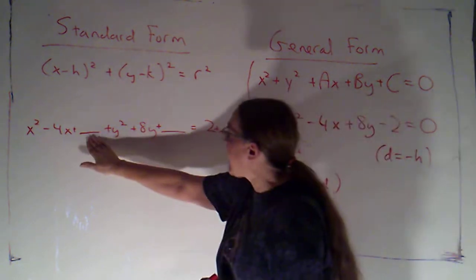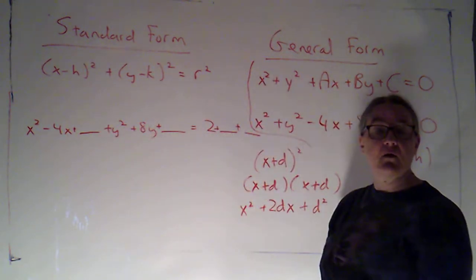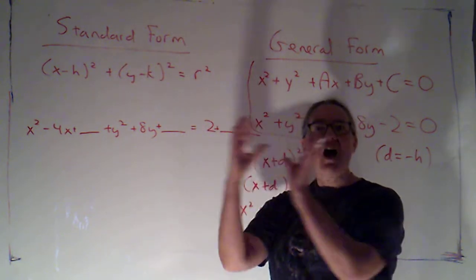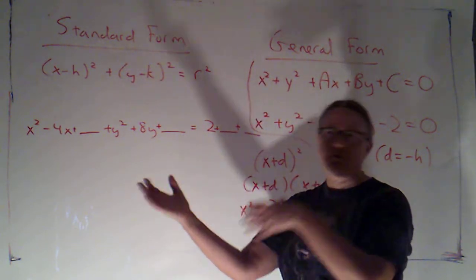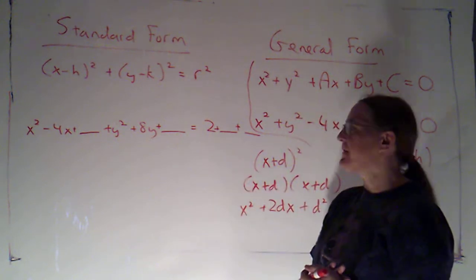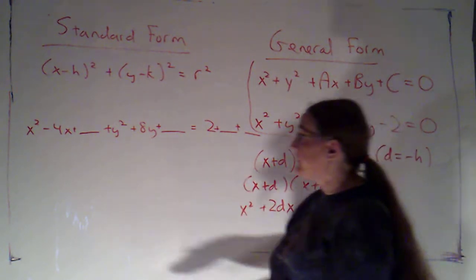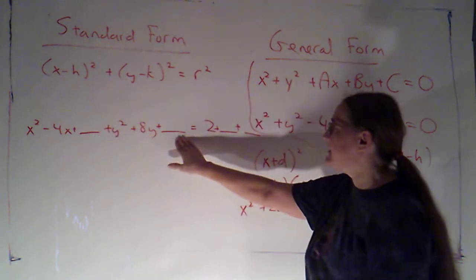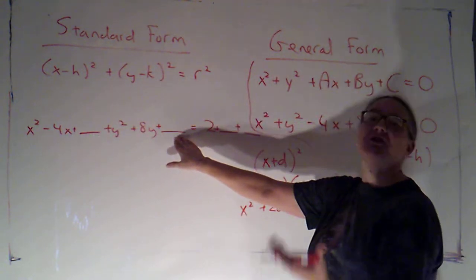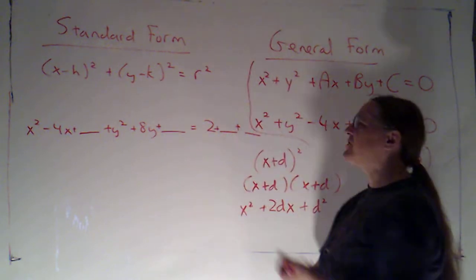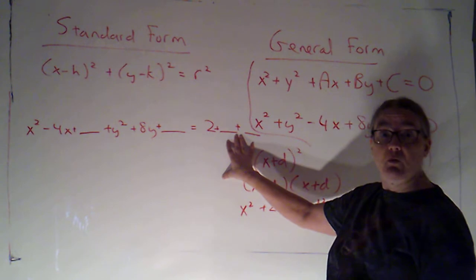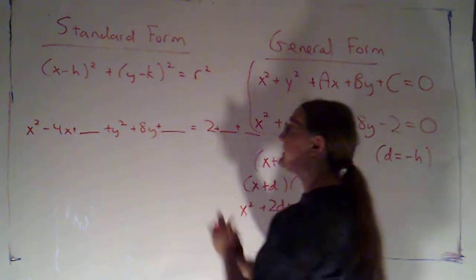So instead of adding the same number to both sides of the equation, we added and then subtracted that number on the same side of the equation, whichever side we were working with. That's perfectly acceptable. If you prefer to add and subtract this number on the left, you can do that, but you're eventually going to move it over to the other side. So I think it's easier in this case when we're working with circles to add the number to both sides of the equation.